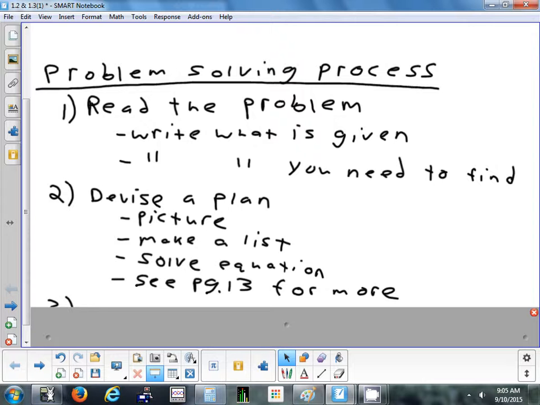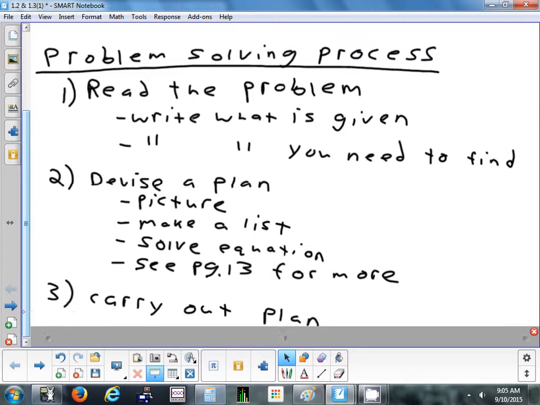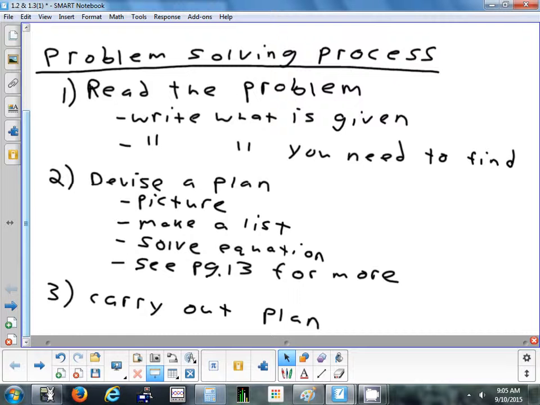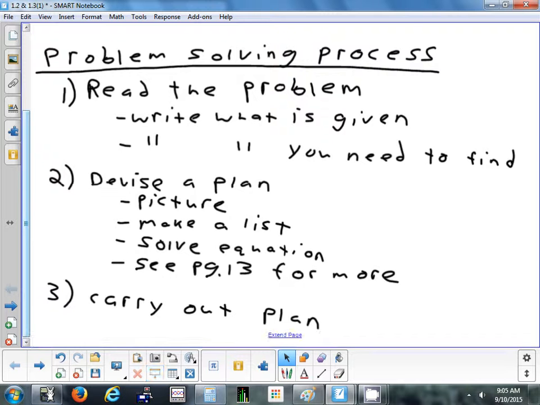Page 13 in your book gives all kinds of suggestions, a whole list of about 15 different strategies to try. Once you decide on what approach you're going to take, then we carry out that approach. So we'll try a word problem and work through some of these steps.